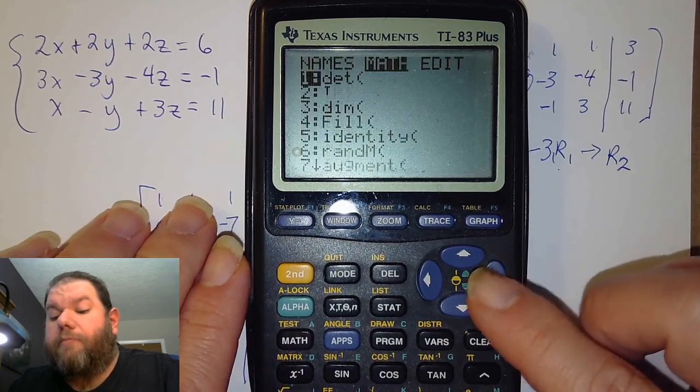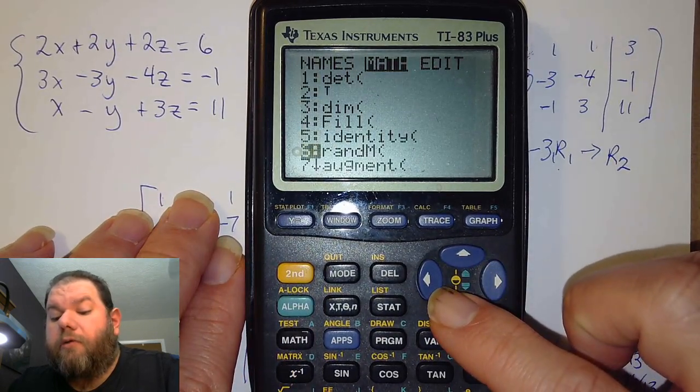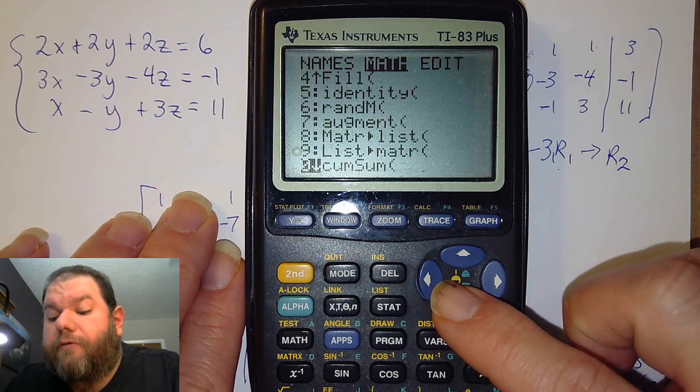Second matrix, math. We want the row reduced echelon form.